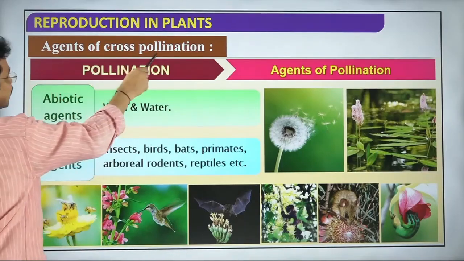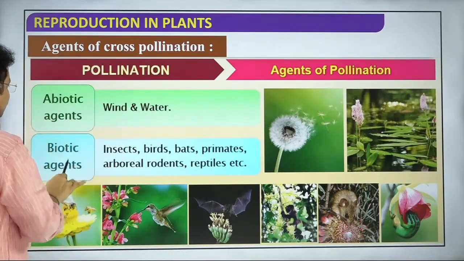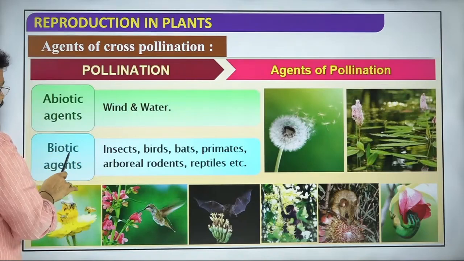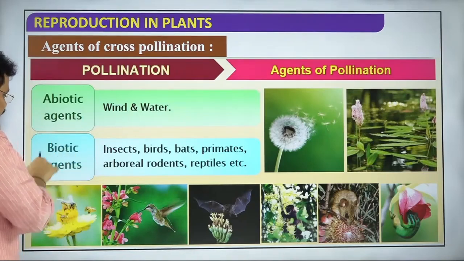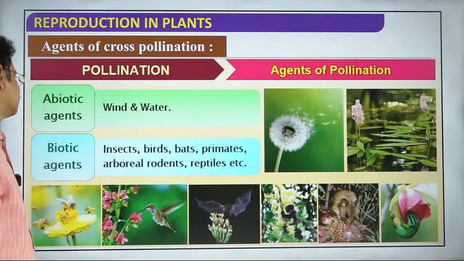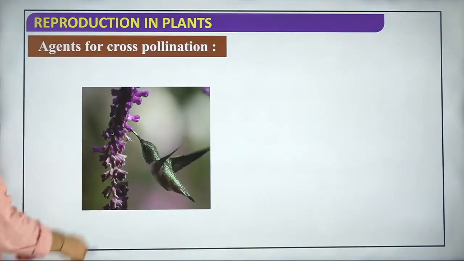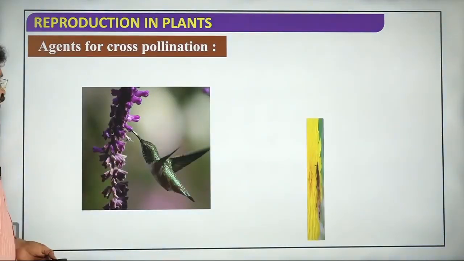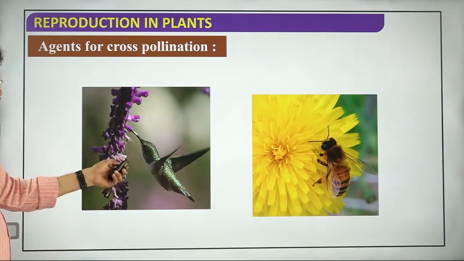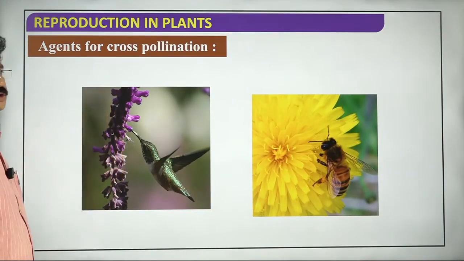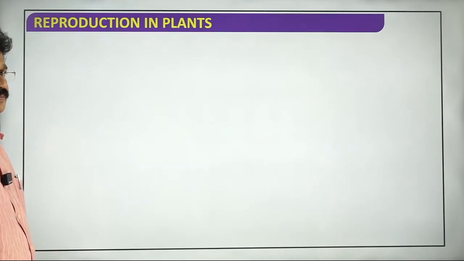Agents for cross pollination are broadly divided into two categories: abiotic and biotic. The most common type of pollen transferring agent is the biotic agent. If the pollination is carried by birds or animals, it is called zoophily.